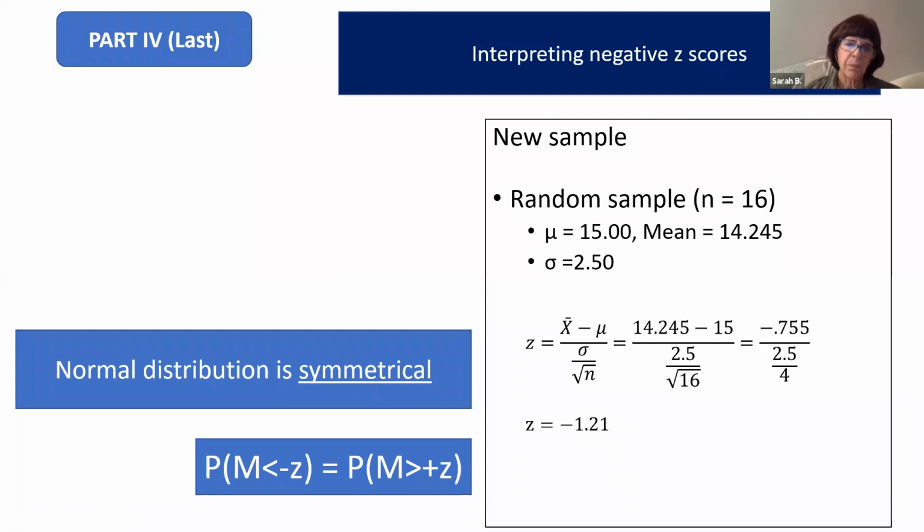So the probability of getting a mean that is lower than a negative z-score, the probability in the left tail, is equal to the probability of getting a mean above the positive z-score.